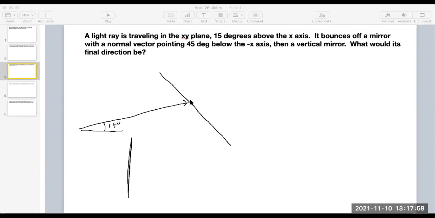This is just geometry. So our normal vector comes out like this.